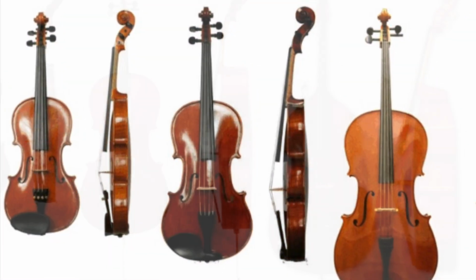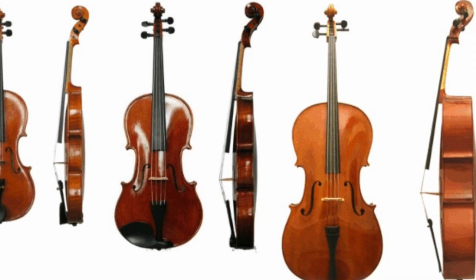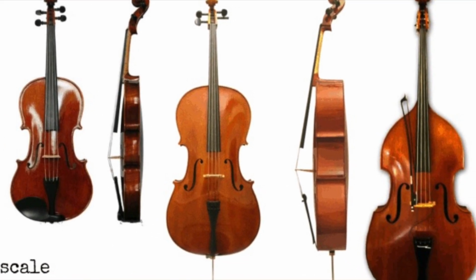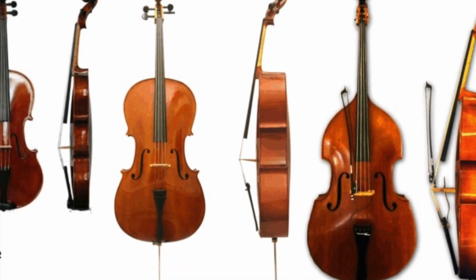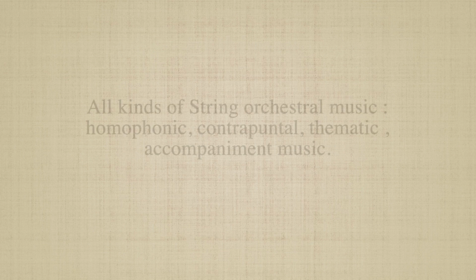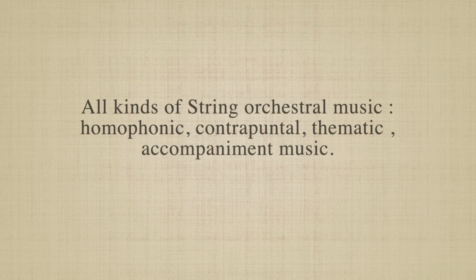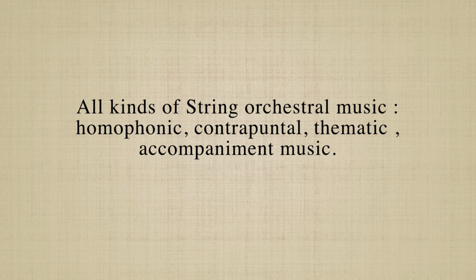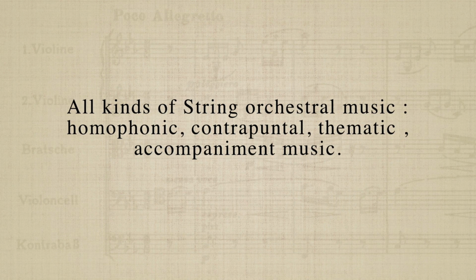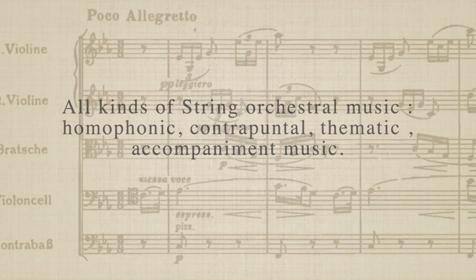The string section in the orchestra has been the chief lyric harmonic element for much of the past 250 years. All kinds of music have been composed for the string orchestra: homophonic, contrapuntal, thematic, as well as accompaniment music.